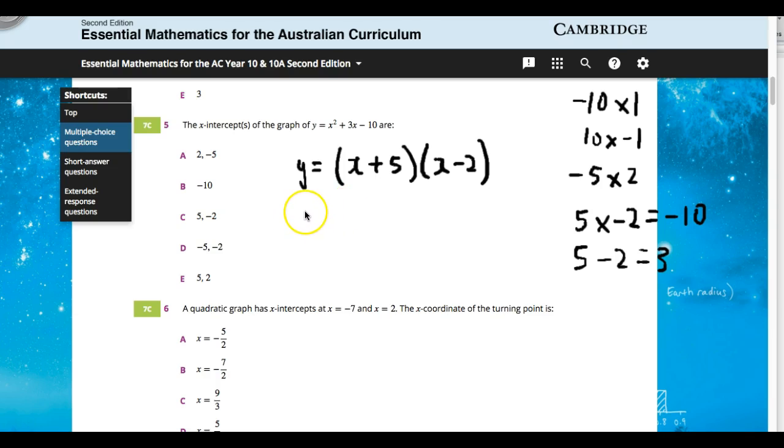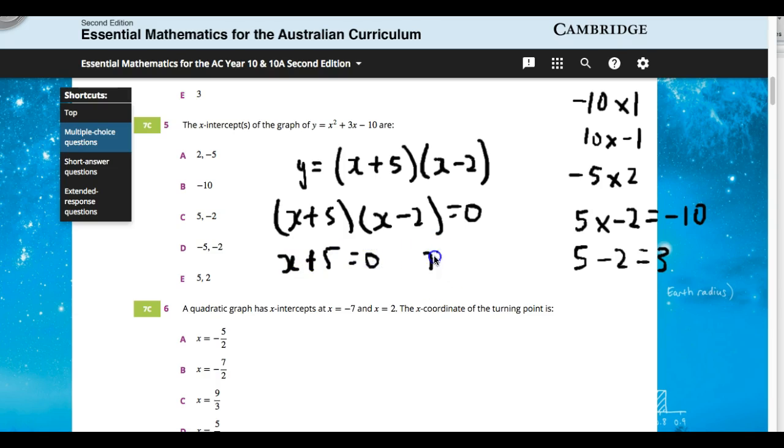So for our x-intercepts, we use the null factor law. That just means we let it equal 0. So that means x plus 5 is equal to 0, or x minus 2 is equal to 0. Hopefully most of you by now don't have to actually do all this working out. You should be able to see straight from here that it's going to be negative 5 and 2. Okay, good stuff.